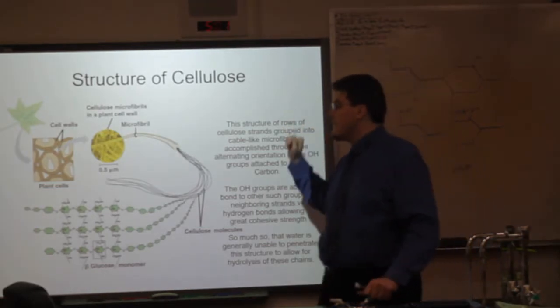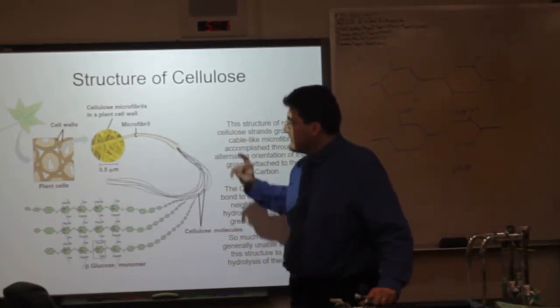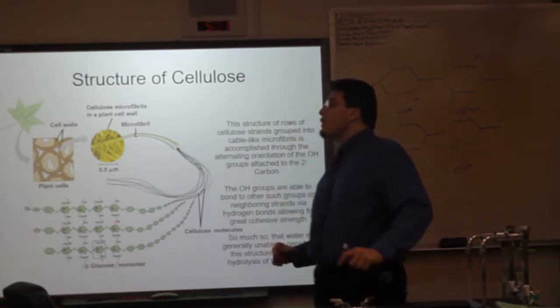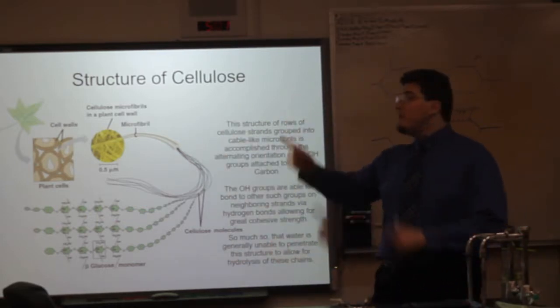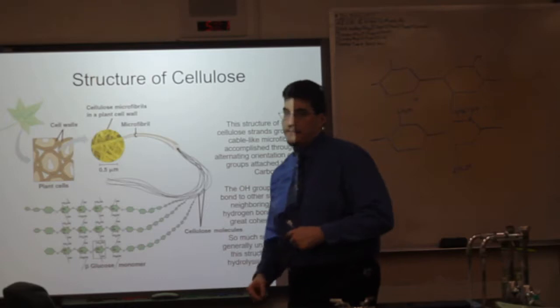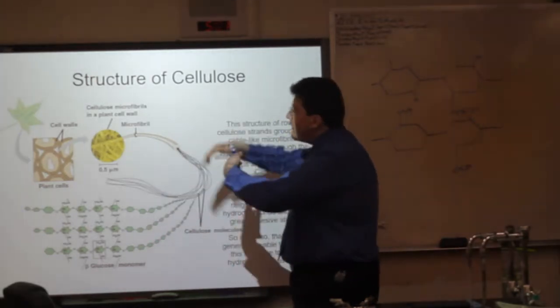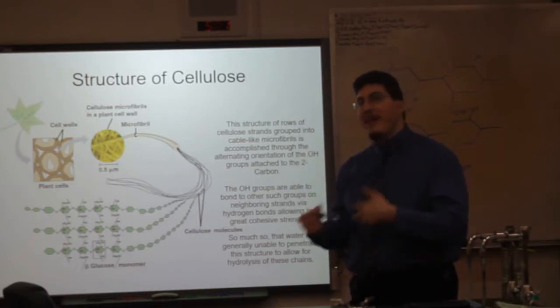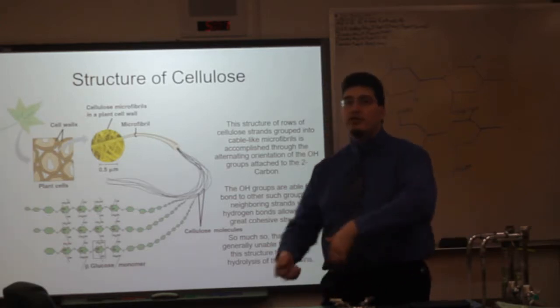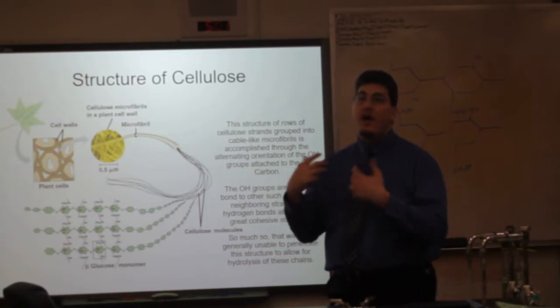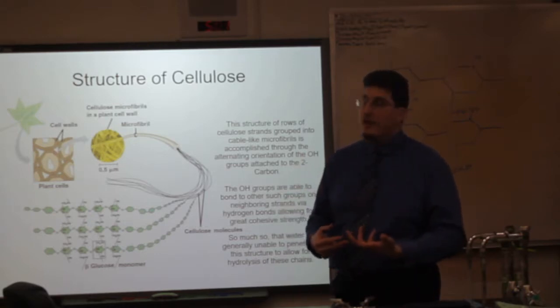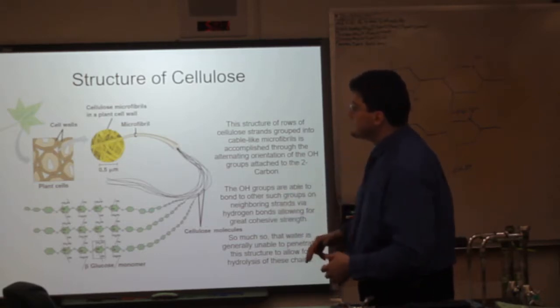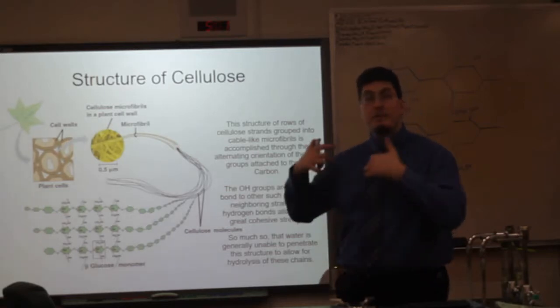But the individual microfibrils are going to be arrayed in such a way that they will effectively be full of holes. So cell walls, which are primarily composed of layered microfibrils of cellulose, are going to be full of holes. They're going to be porous.